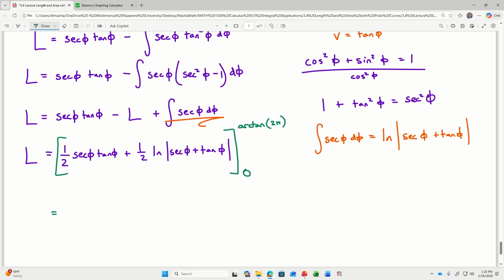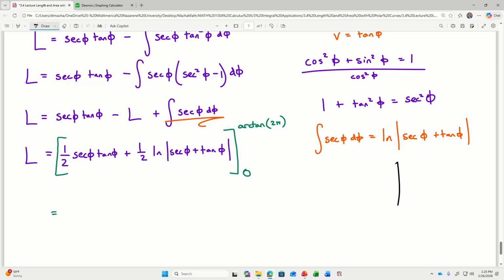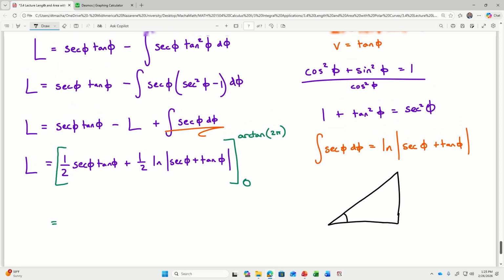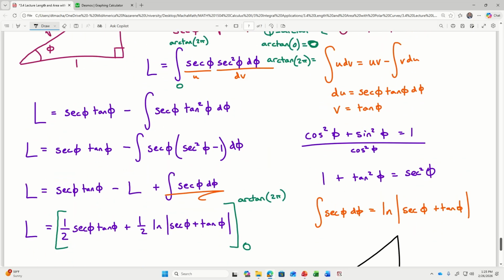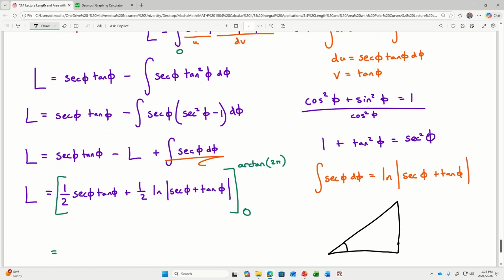What is secant of arctangent of 2 pi? I guess you could just plug it into your calculator.